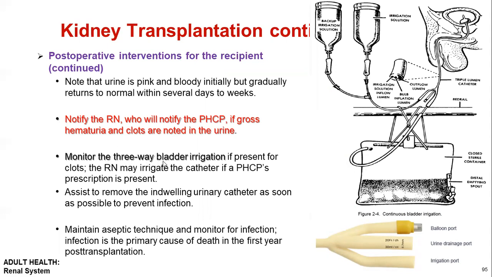Monitor the three-way bladder irrigation. So this is the Foley catheter, and three-way: one for irrigation, one for urine drainage, and another for balloon inflate or deflate. So monitor the three-way bladder irrigation, if present, for clots. The RN may irrigate the catheter if the healthcare provider has prescribed it.